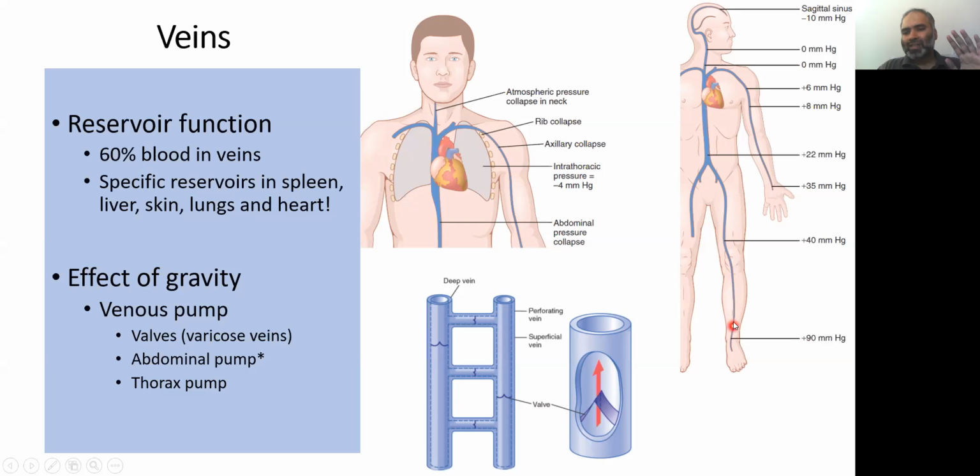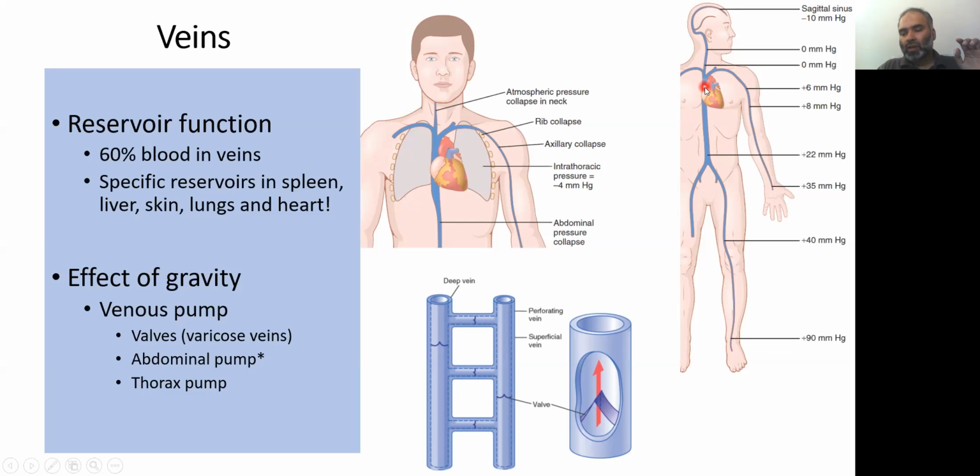So if you stand still, then from the heart to the feet, there is a pressure difference. Let's assume that at the level of the heart, the venous pressure is zero mmHg. I will explain how come it's zero, but let's just assume it's zero.